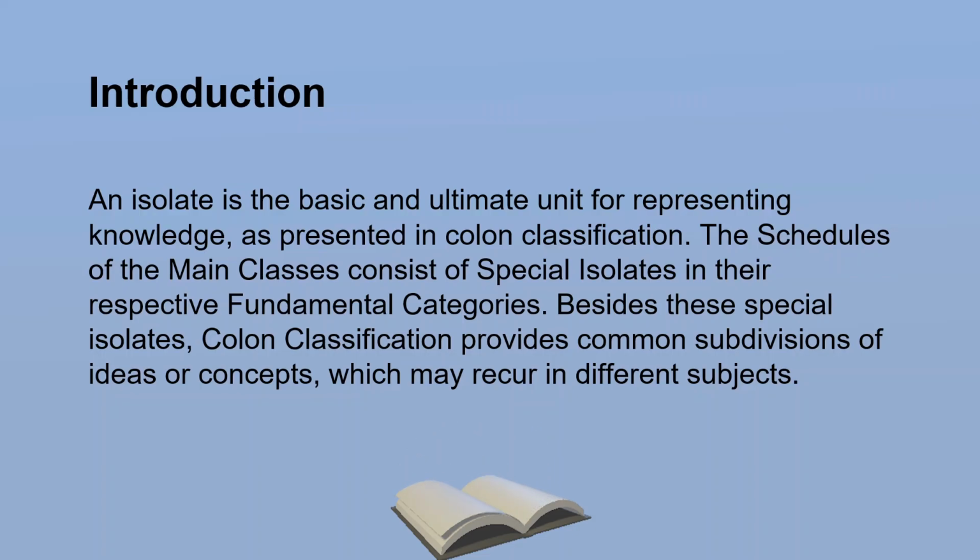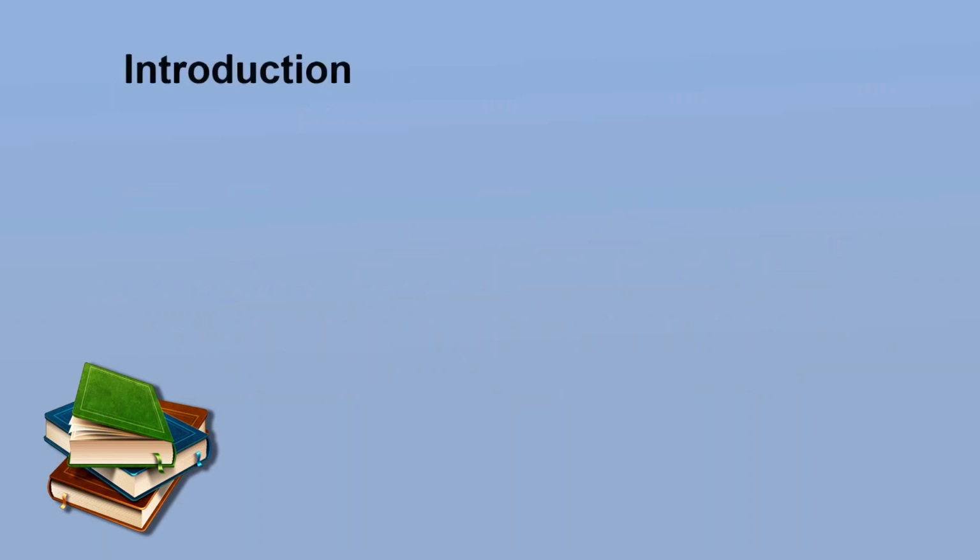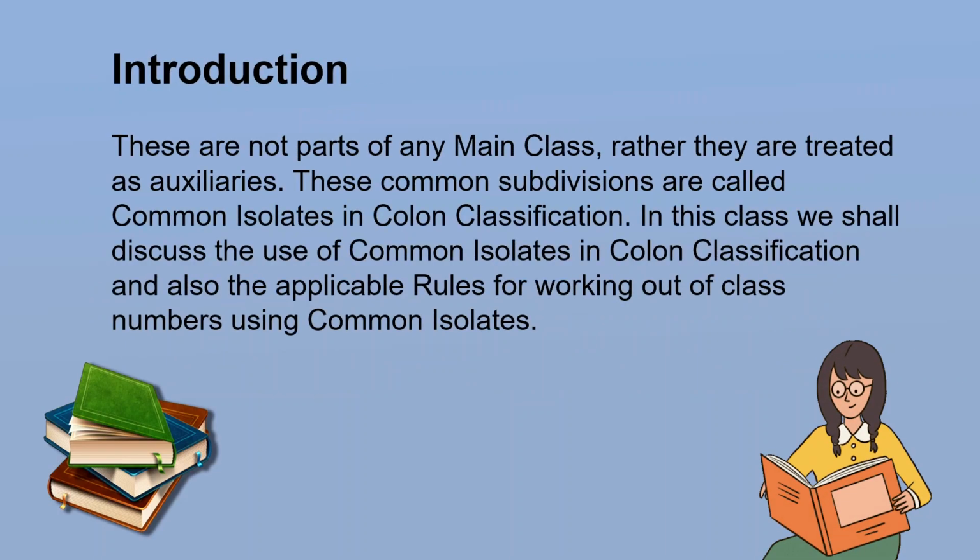Besides these special isolates, colon classification provides common subdivisions of ideas or concepts which may recur in different subjects. These are not parts of any main class, rather they are treated as auxiliaries. These common subdivisions are called common isolates in colon classification.